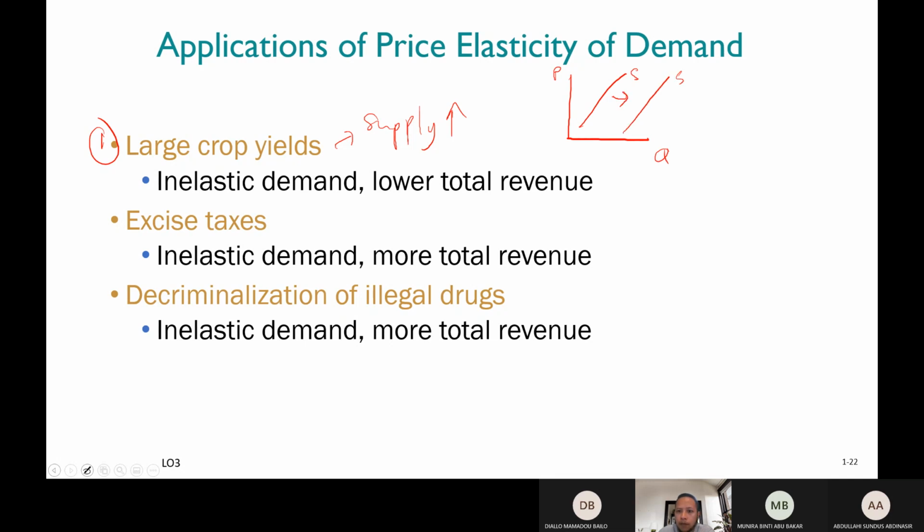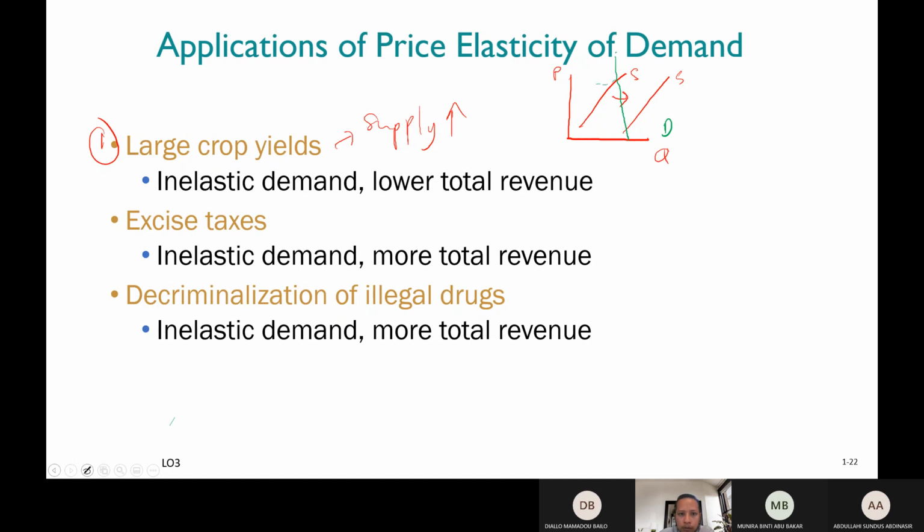Let's see if the demand is here, and we assume this is an inelastic demand.